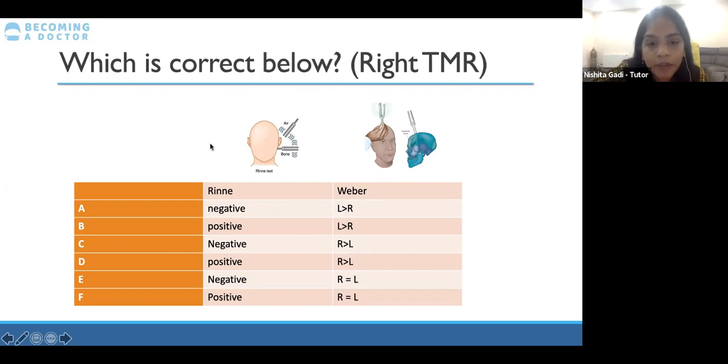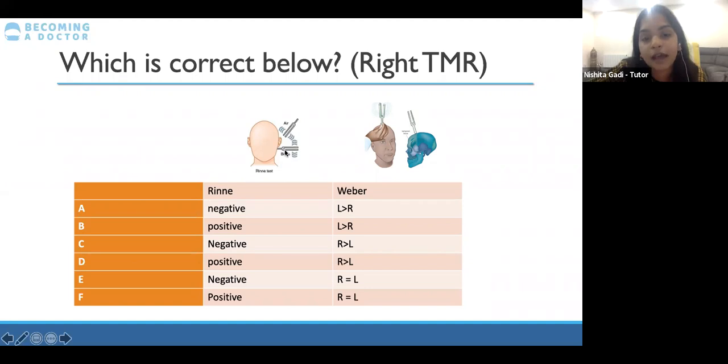And now we do Rinne's test. So is it Rinne's test positive, or Rinne's test negative? Rinne's test positive is when air conduction is better and louder, and that's what usually happens, or it can happen in sensorineural hearing loss. But if you've got conductive hearing loss, as we've mentioned multiple times, bone conduction is better than air conduction.